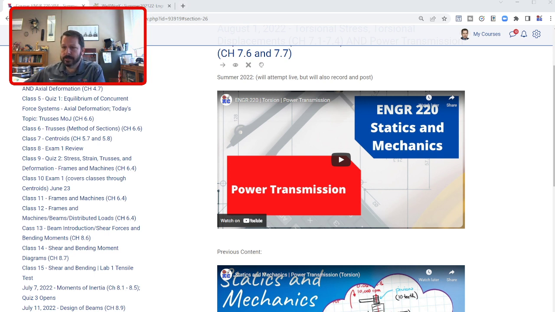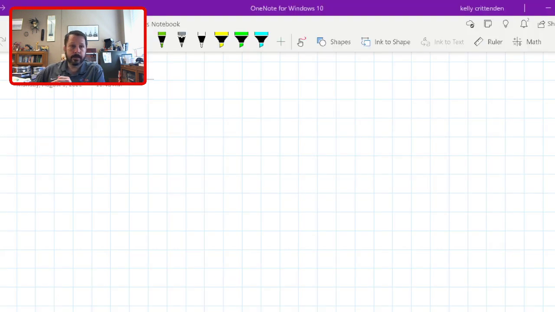I'll derive how power transmission is going to be calculated in a shaft. We're going to stick with circular shafts. It is possible that you would do some other shape, like hexagonal, but we're going to do circular.